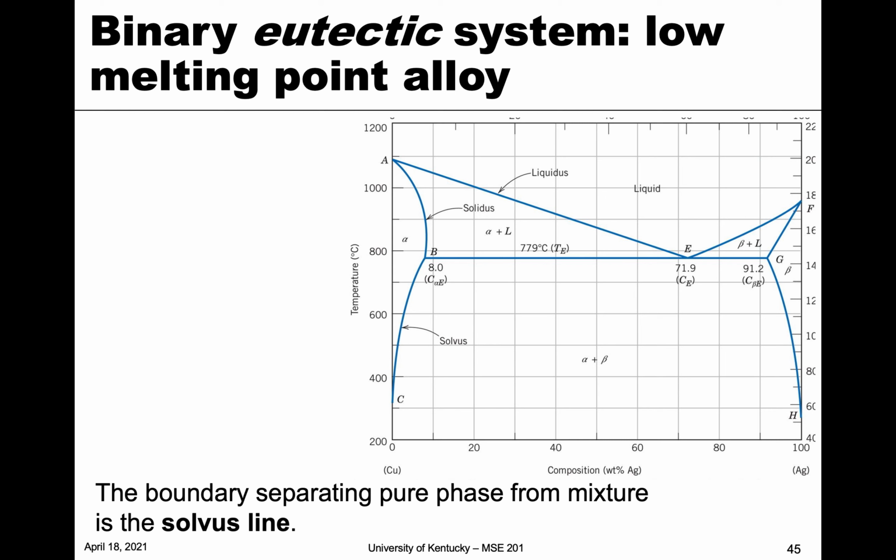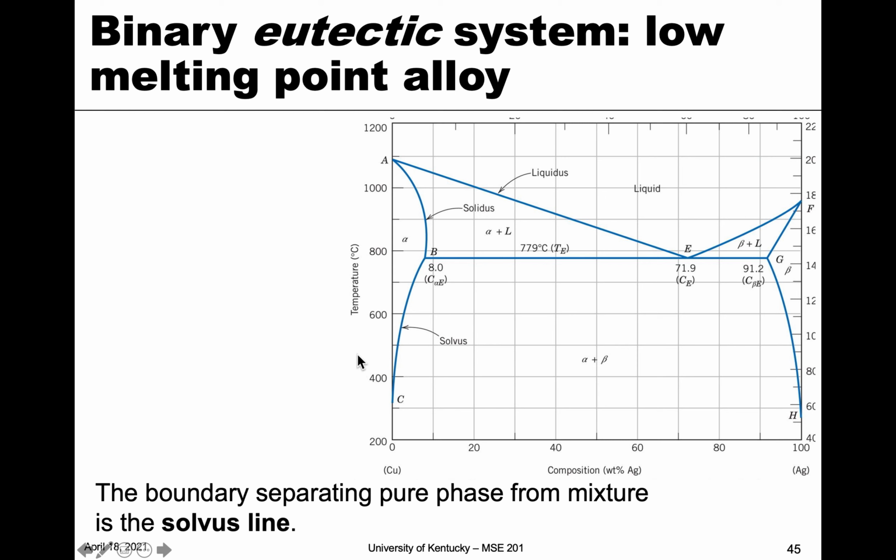And then we also have a solidus, and this line you see here separates pure solid from some liquid. And you also see that this line over here has pure solid below, and then some liquid over here. So we call this the solidus, and this line also would be a solidus.